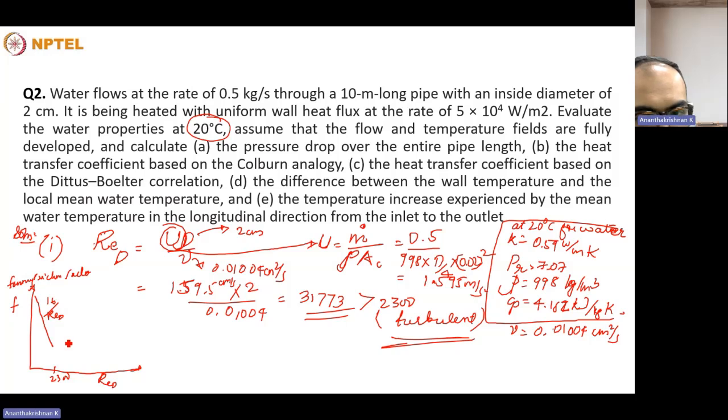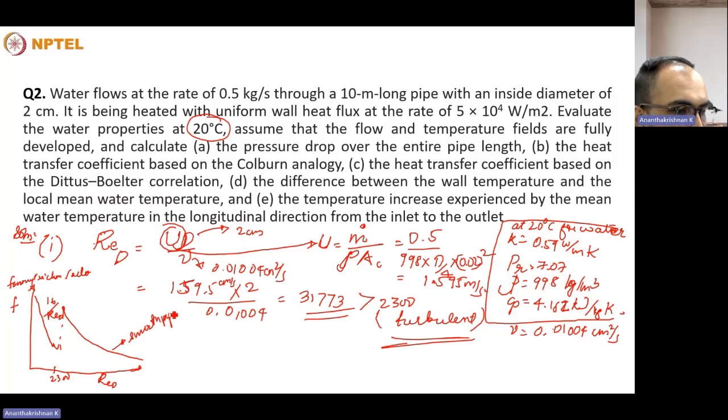Beyond that point, at the transition, there will be a sudden jump in the friction factor because of the turbulent flow. The friction factor then reduces with increase in the turbulent Reynolds number, just like the laminar case. This is for the smooth pipe.